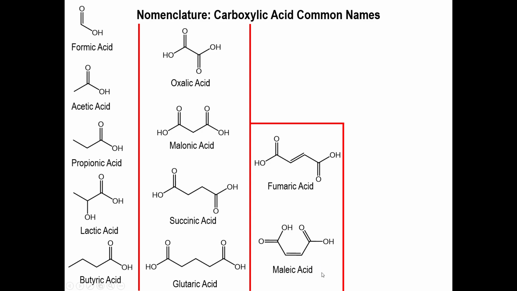Now, here you want to be careful because it's very easy to confuse the names of maleic acid and malonic acid with each other, but their structures are very different. And also the restraints in where the groups are pointing and what they can do is very different. So you got to be sure not to confuse maleic acid with malonic acid.